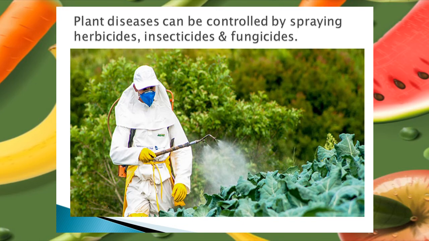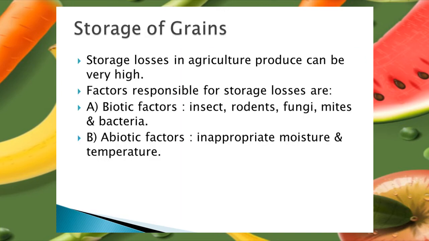So these plant diseases can be controlled by spraying herbicides, insecticides and fungicides. Herbicides are the chemicals which help to control the herbs, that is grasses, weeds, etc. Then insecticides kill the insects, and fungicides control the fungal infection in the plants.